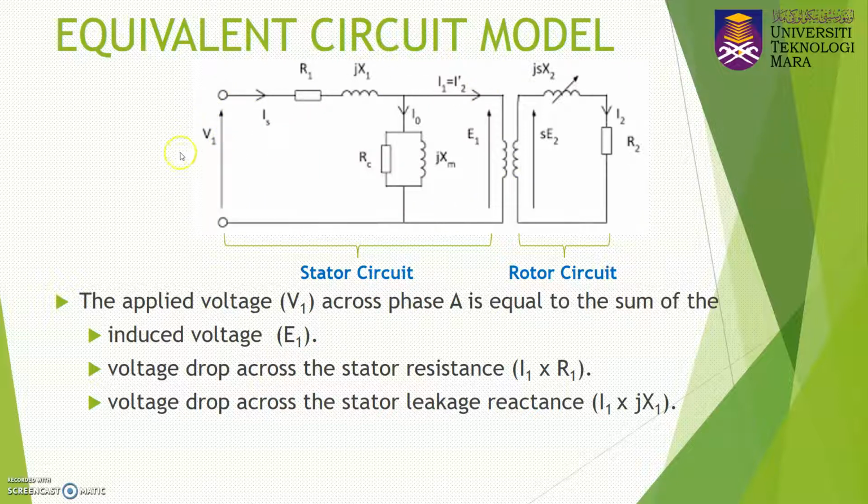The applied voltage V1 across phase A is equal to the induced voltage E1, plus the voltage drop across the stator resistance, I1 R1, plus the voltage drop across the stator leakage reactance, I1 multiplied by jX1.